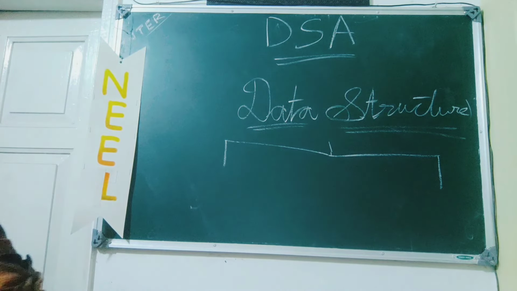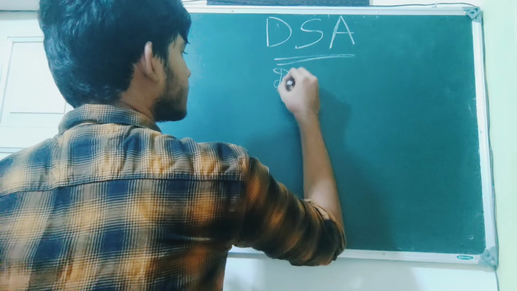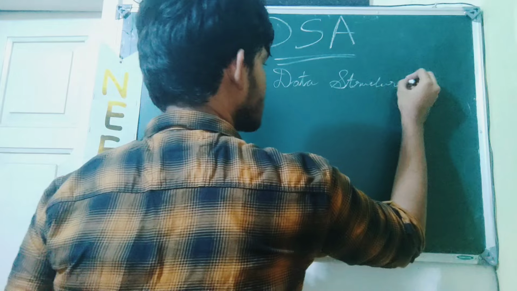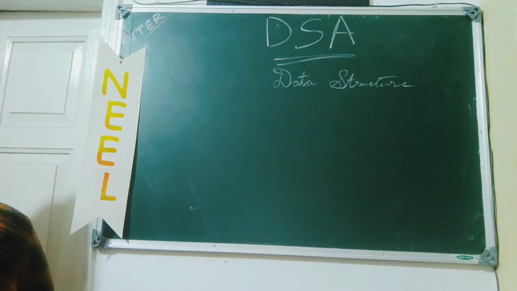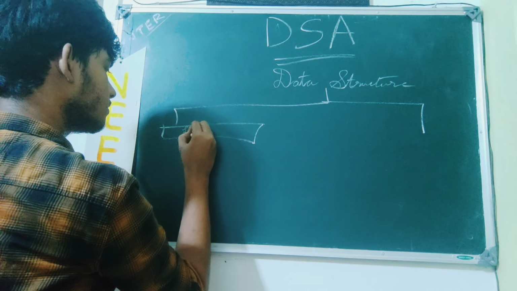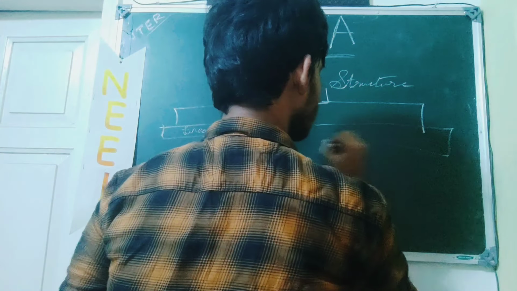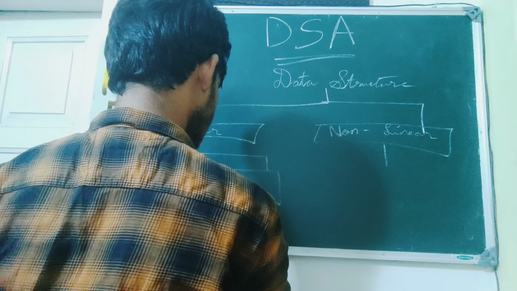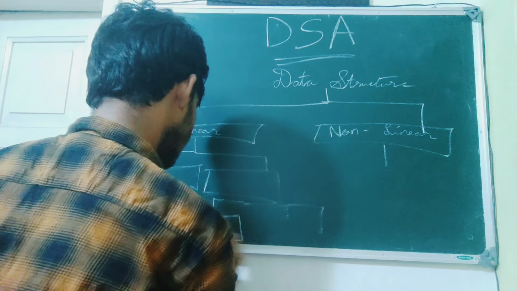Let me take my duster. This is not enough space, so we'll just write data structure here. So you have linear, non-linear, and linear is divided into four more types. There's not enough place here.